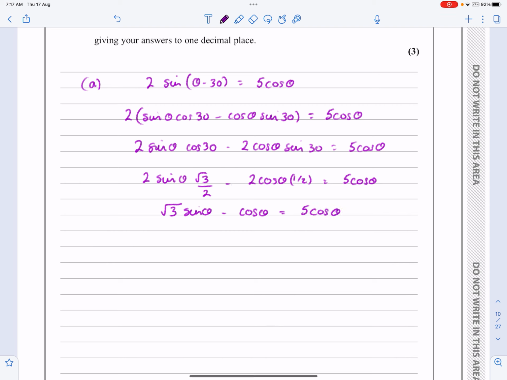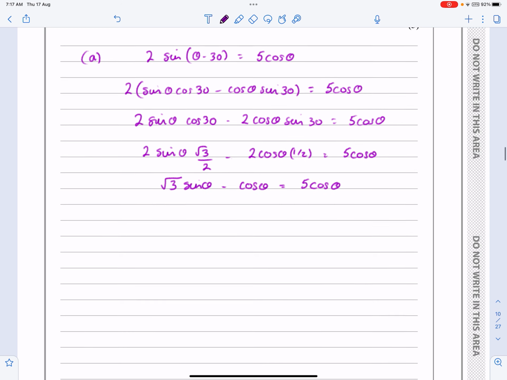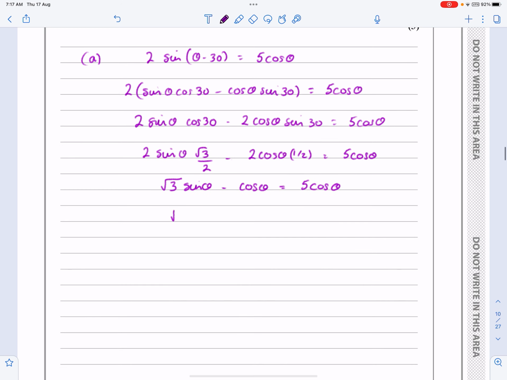And then if you didn't already know what we're aiming for at this stage, if I can get cos theta and sine theta on separate sides, which I'll do now, root 3 sine theta is just equal to 6 cos theta.